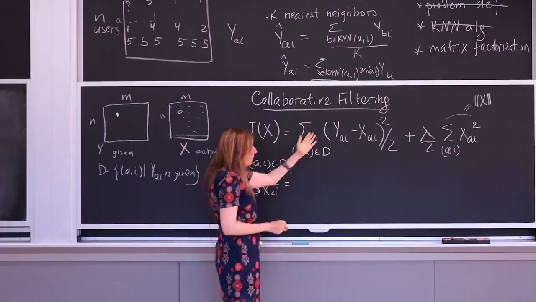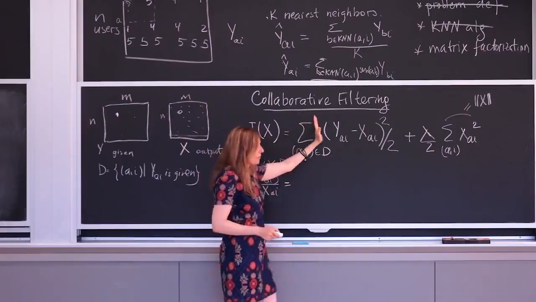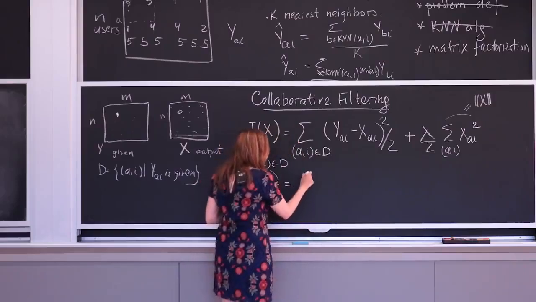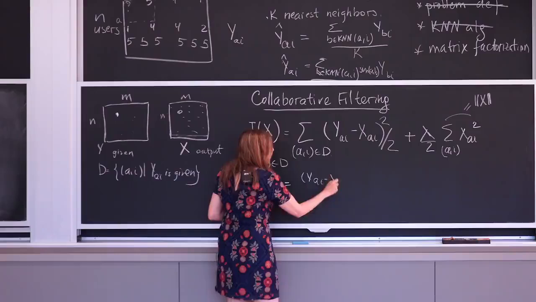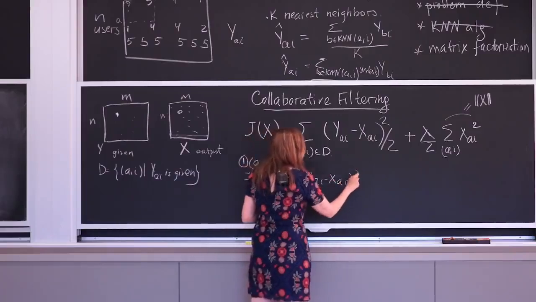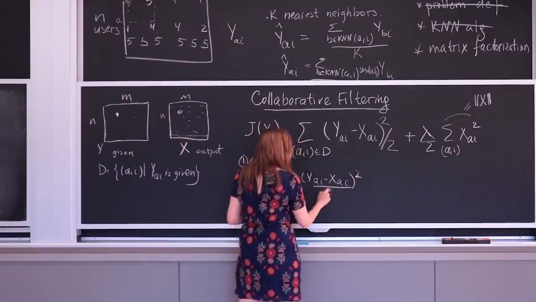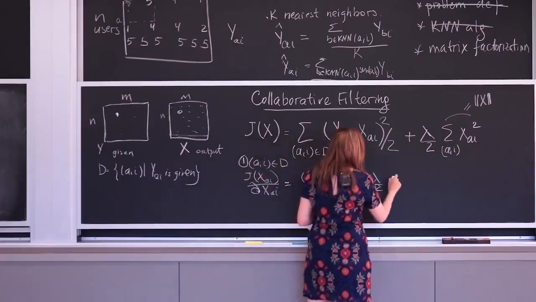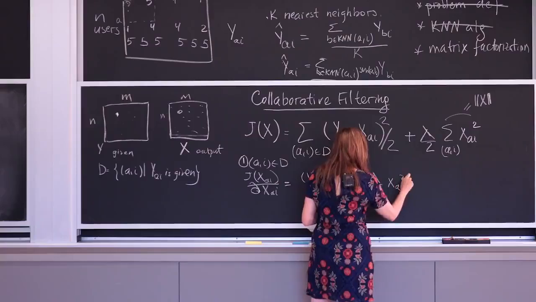And there is no sum here again, because we're looking at one x_i at a time. So we will take (y_ai minus x_ai) squared divided by 2 plus lambda over 2 times x_i squared.